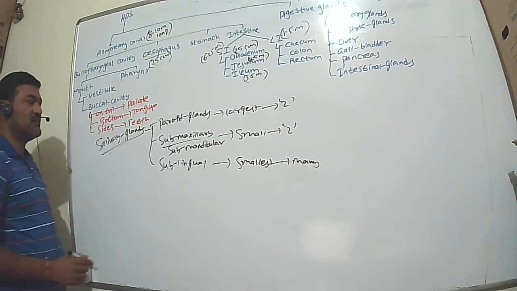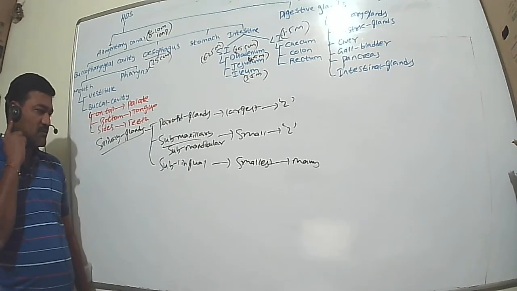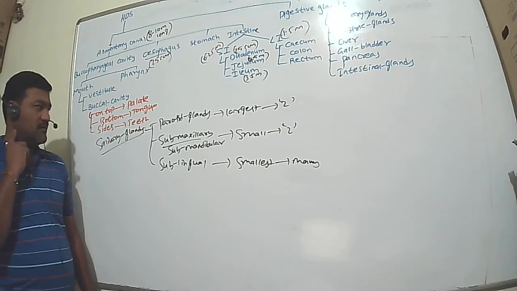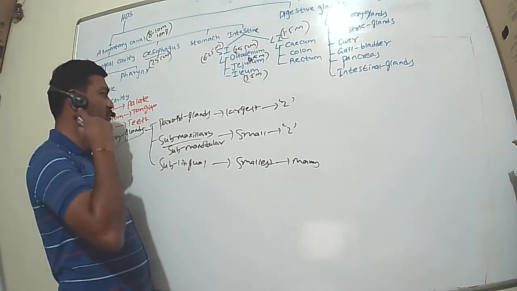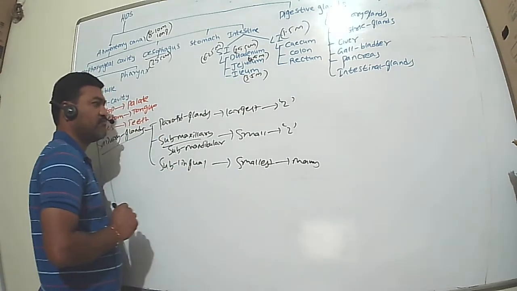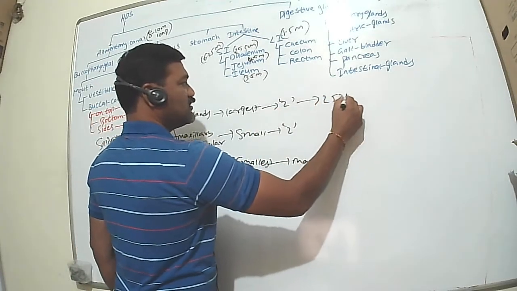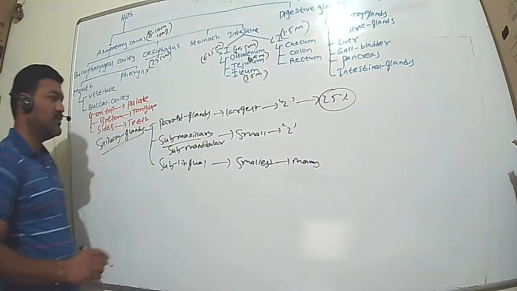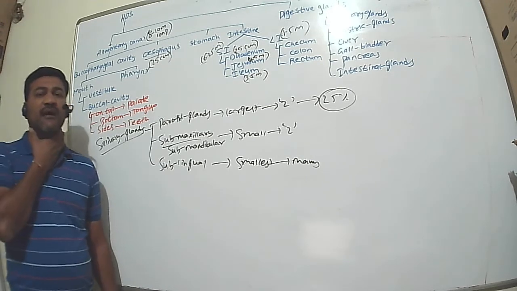And where are the parotid glands found? Parotid glands are found below the auditory canal. Okay, below the ear or below the external auditory canal you find the parotid glands, and they contribute to about 25% of the saliva. Whereas submaxillary glands are found below the angles of the lower jaw.